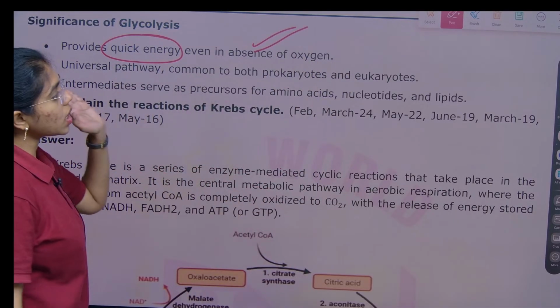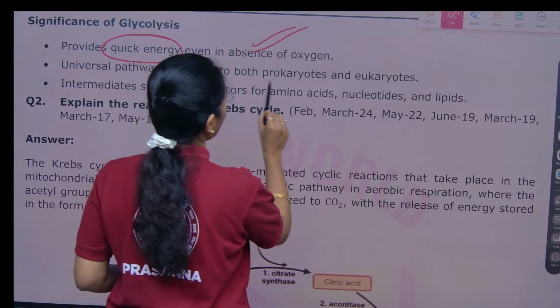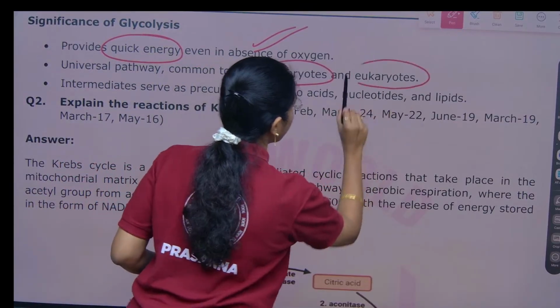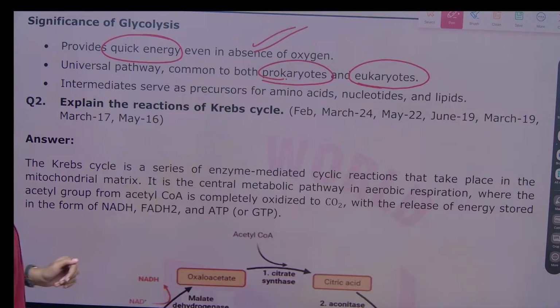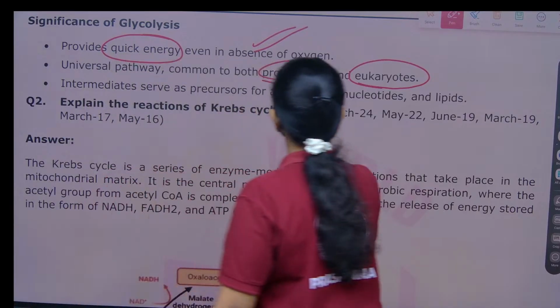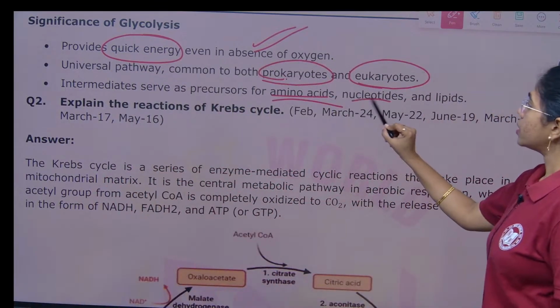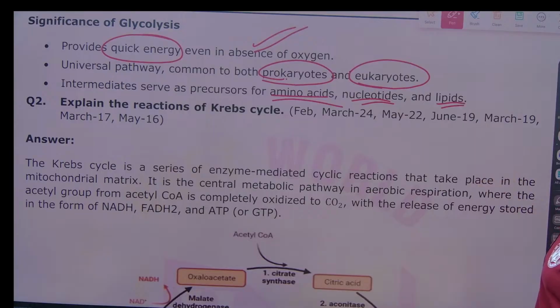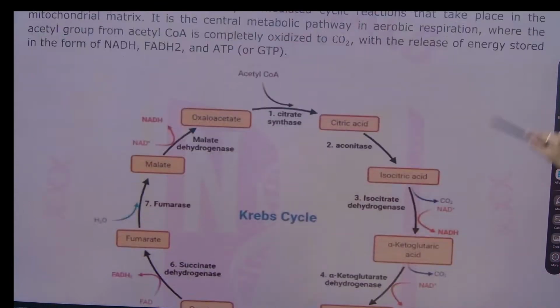This is the universal pathway, common in both prokaryotes and eukaryotes. The intermediates of this pathway are precursors for amino acids, nucleotides and lipids. With this, the complete glycolysis answer is clear, right?